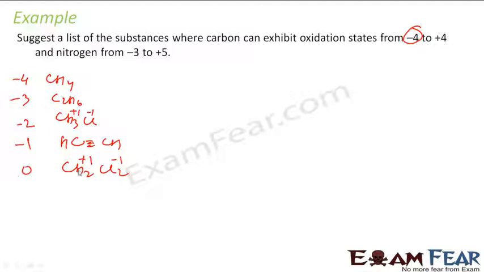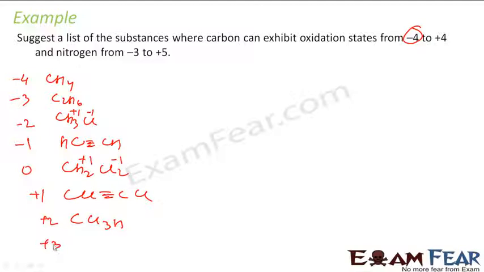If you want 1, you can make CCl triple bond CCl. Just like before, instead of hydrogen I have chlorine, so it is plus 1. To make it plus 2, I can make it 3 chlorine 1 hydrogen.